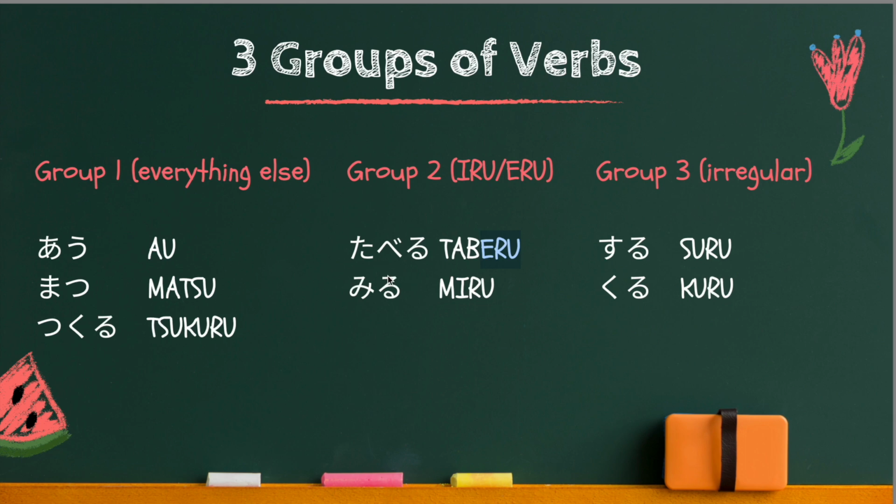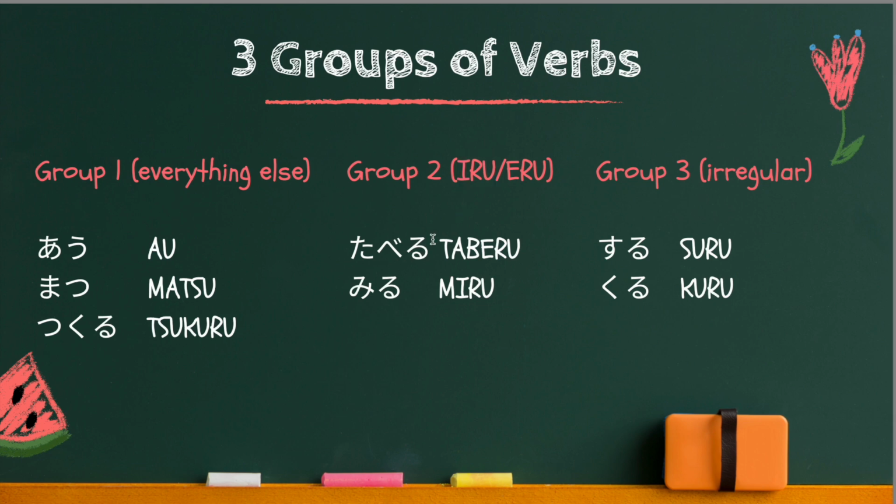Another example, miru, this is also a dictionary form. It's iru ending, therefore this is group 2. So, in order to make te form, you need to know the dictionary form as well. But it's impossible to remember everything all at once.